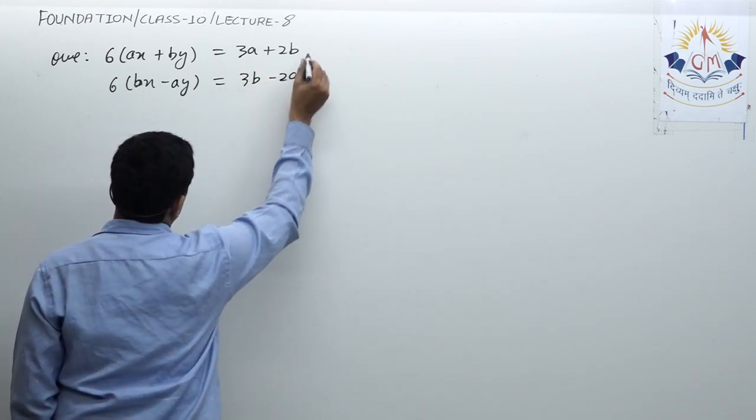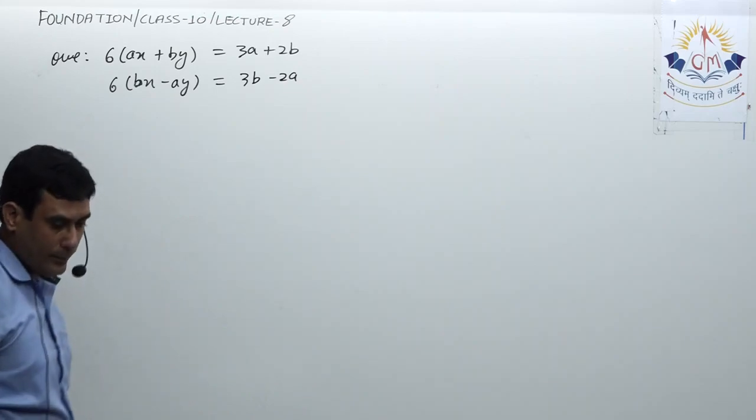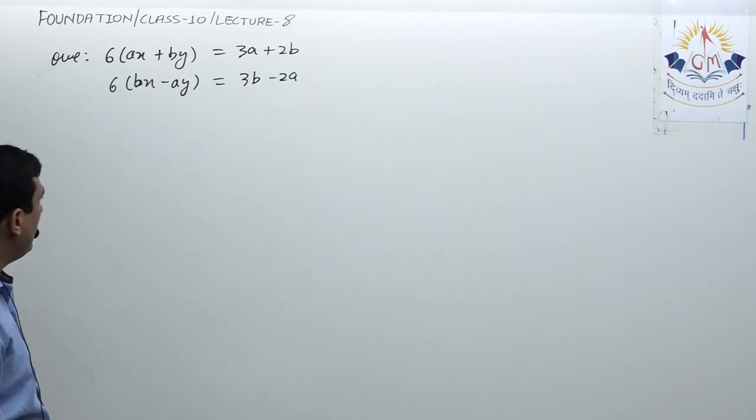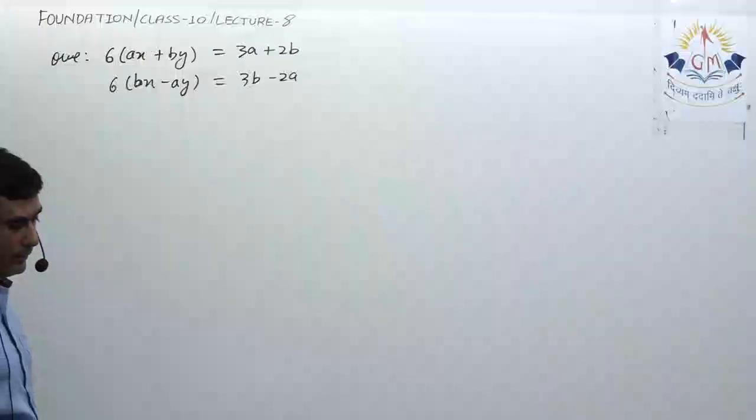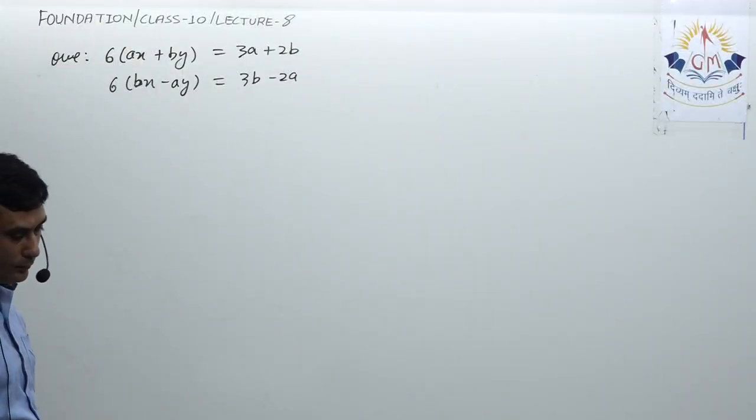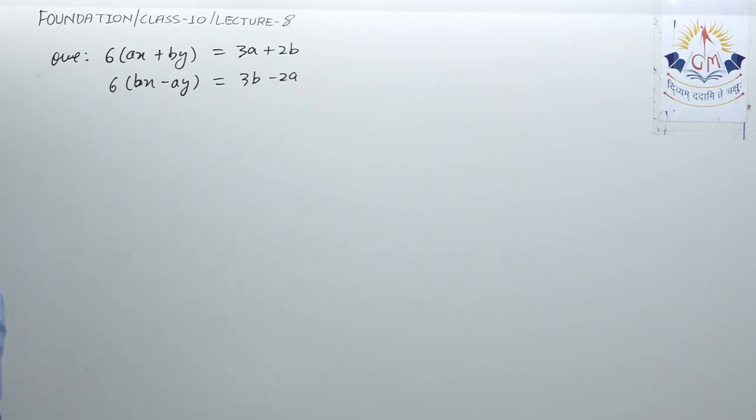Let me confirm the question once again: 6ax plus by equals 3a plus 2b, and 6bx minus ay equals 3b minus 2a. Okay, think for a while about how you have to solve this.